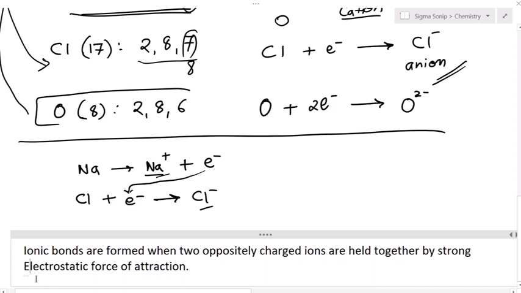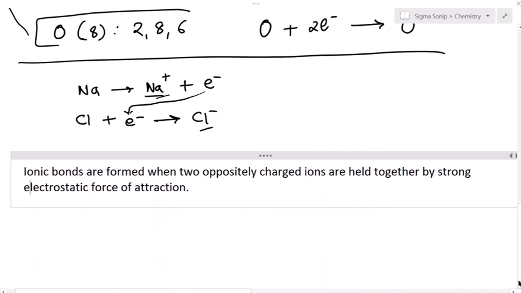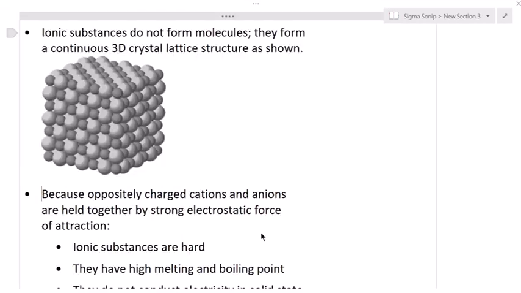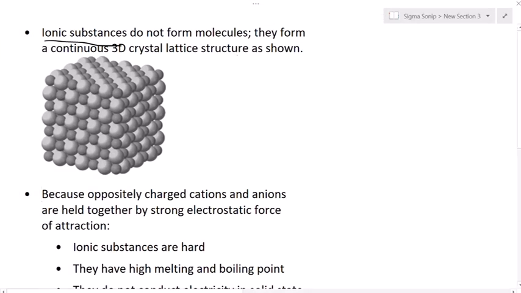Now, because of the very nature of the force with which these ions are held together, we can guess many of the properties of ionic substances. The first thing is that ionic substances do not form molecules; they form a continuous 3D lattice structure.